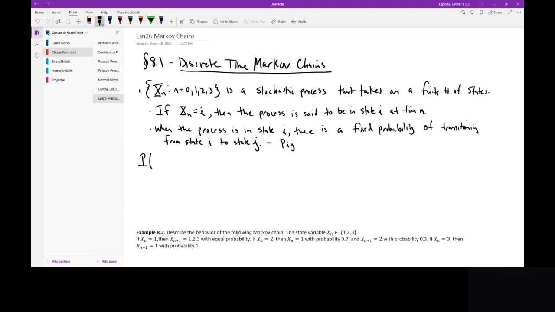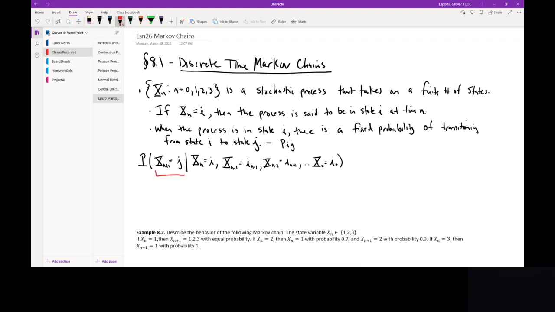The probability that we transition to state j, so the random variable X_{n+1} is equal to j, given that at time n we were at state i, comma, the time period before, n minus 1, is in some other state, comma, n minus 2 is equal to some other state, and so on and so forth, all the way back to the very first state X_0.